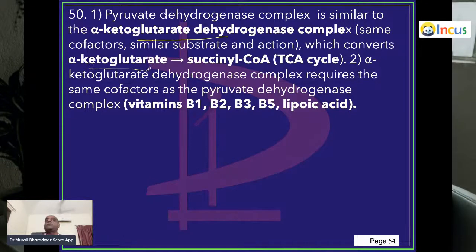It converts alpha ketoglutarate into succinyl-CoA in the citric acid cycle. And alpha ketoglutarate dehydrogenase also requires the same cofactors as pyruvate dehydrogenase. That is, it requires vitamin B1, thiamine, vitamin B2, vitamin B3, B2 which is riboflavin, B3 which is nicotinamide, B5 which is pantothenic acid, and lipoic acid. Same things it also requires.